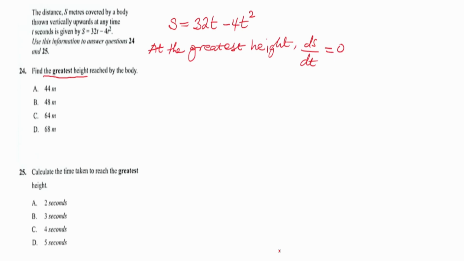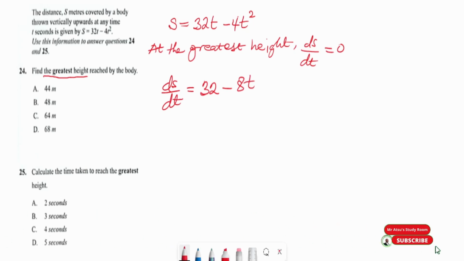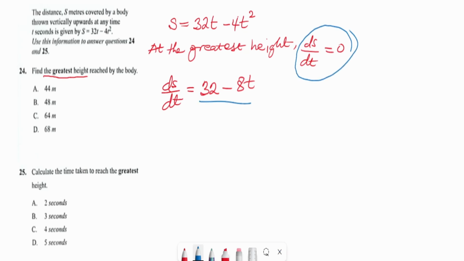So let me go straight ahead to find the first derivative. ds/dt will be equal to, when you differentiate 32t, you get 32, minus, when you differentiate 4t squared, the 2 will come and multiply the 4, which gives us 8, and then 2 minus 1 is 1, so that gives us t. I already said that ds/dt is equal to 0 at the greatest height, so I'm going to equate this to 0 and then solve for t.